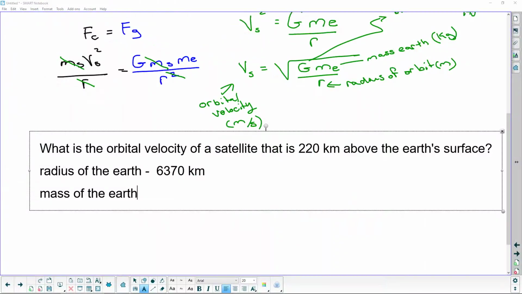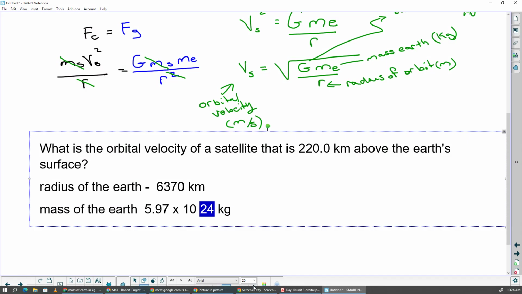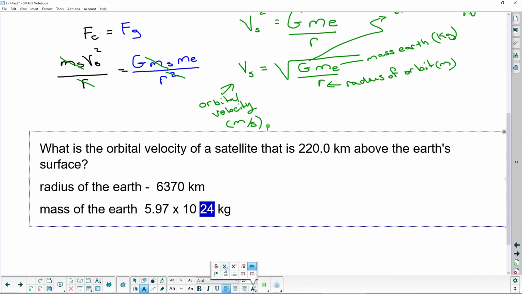We'll use three significant figures because I used three for the other one, so this one will go as 5.97 times 10 to the 24 kilograms. This is scientific notation. Okay, so we looked up our values.